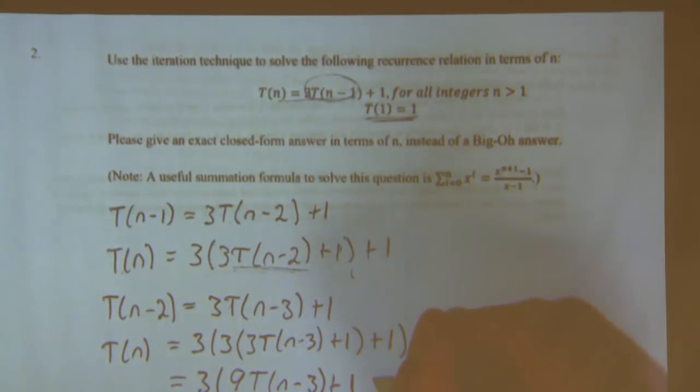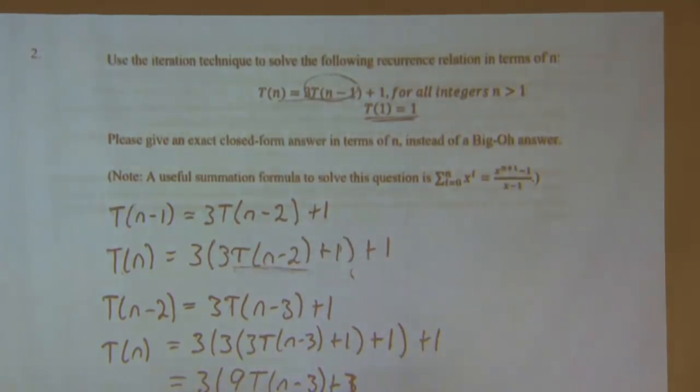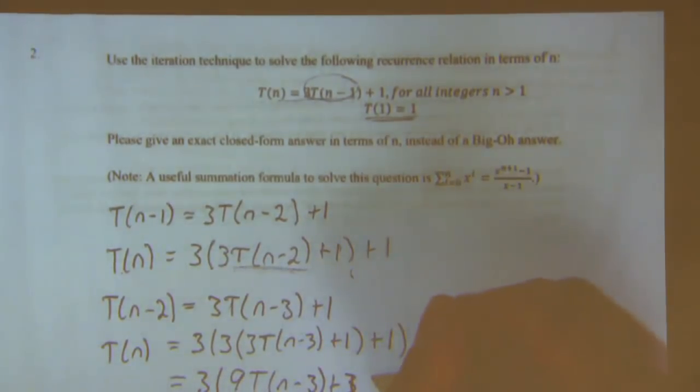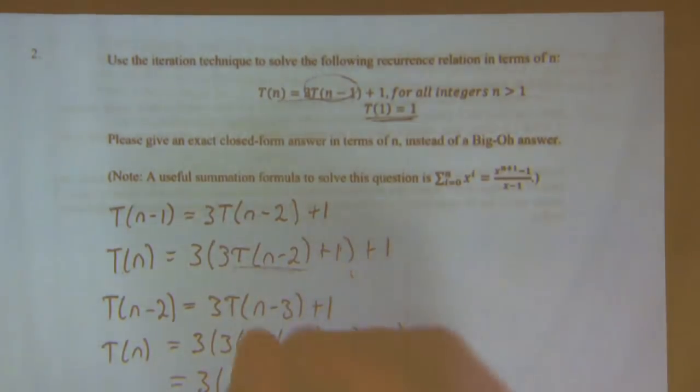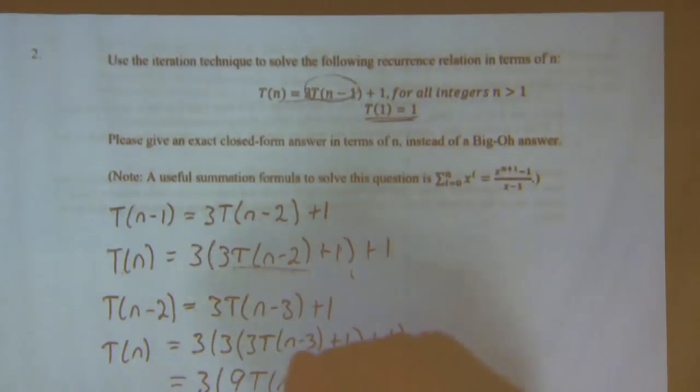And then I have another plus 1 right here. And then I just distribute the next 3, and I get 27T(n-3). 3 times 3 is 9.